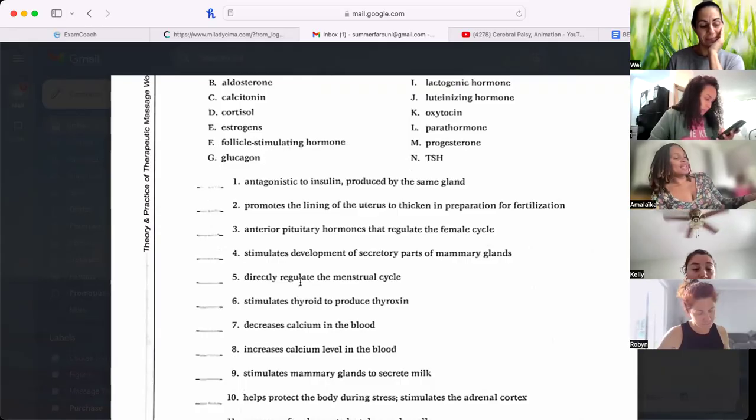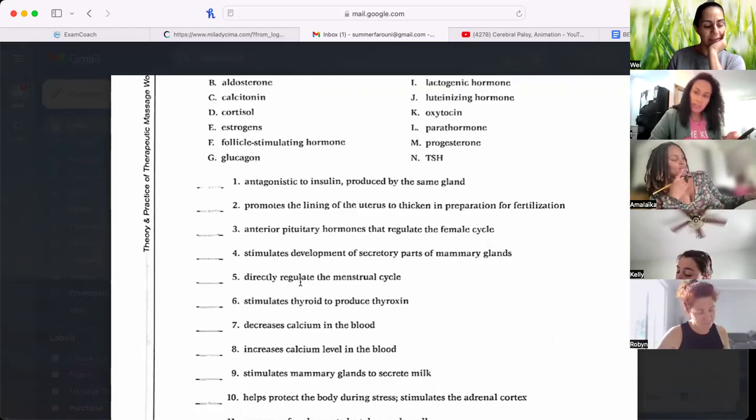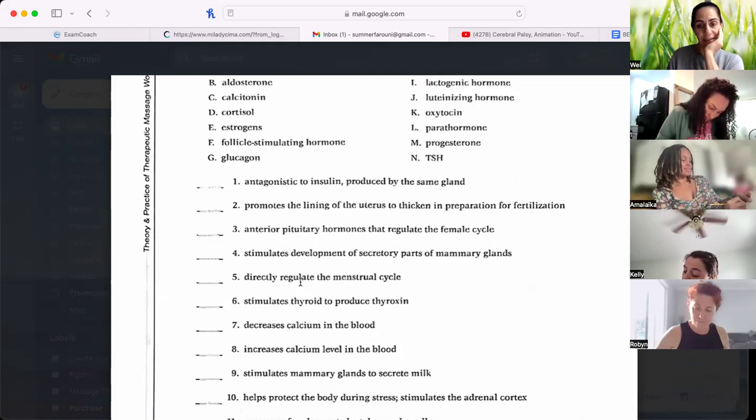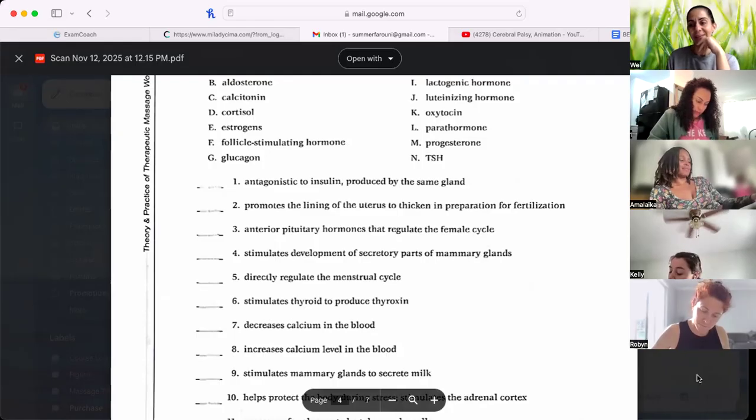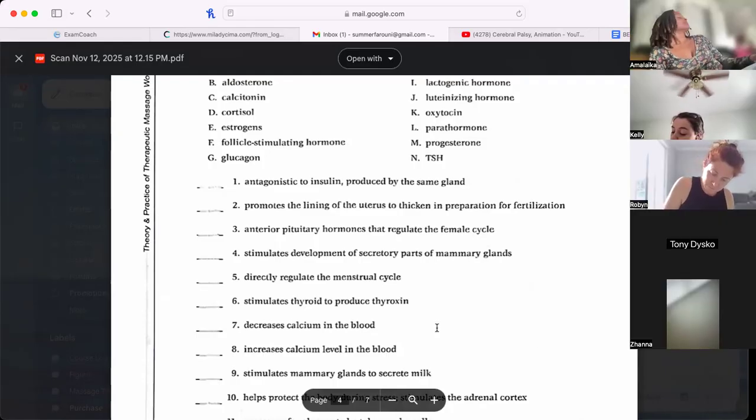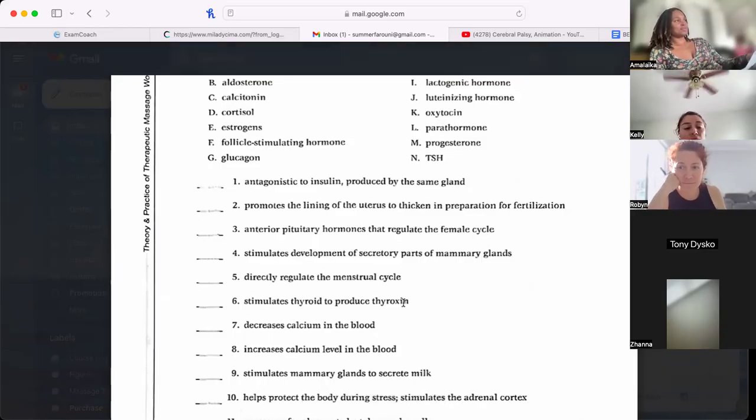Oh no, I said lactogenic hormone. Okay. Estrogen, yes, estrogen. It's going to regulate the menstrual cycle. When people have their estrogen off, the first thing that gets affected is their cycle. Really? Yeah. So it makes a woman a woman.